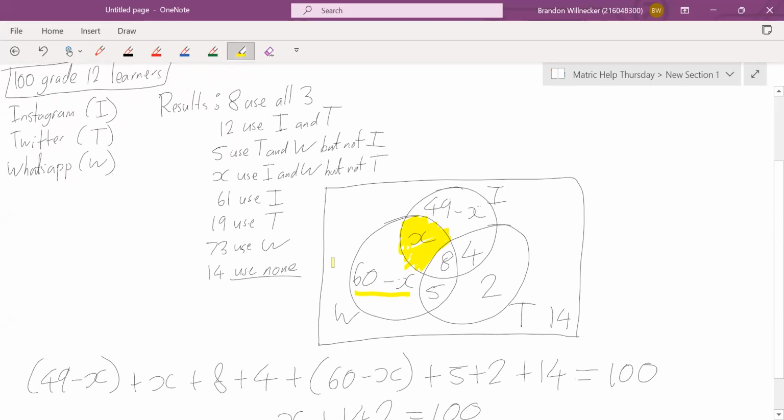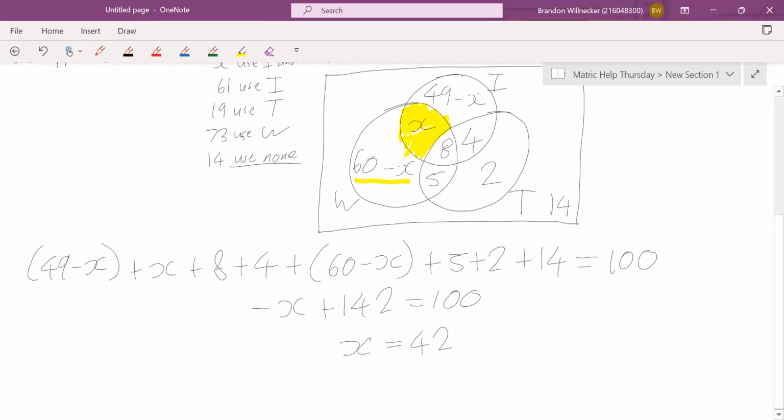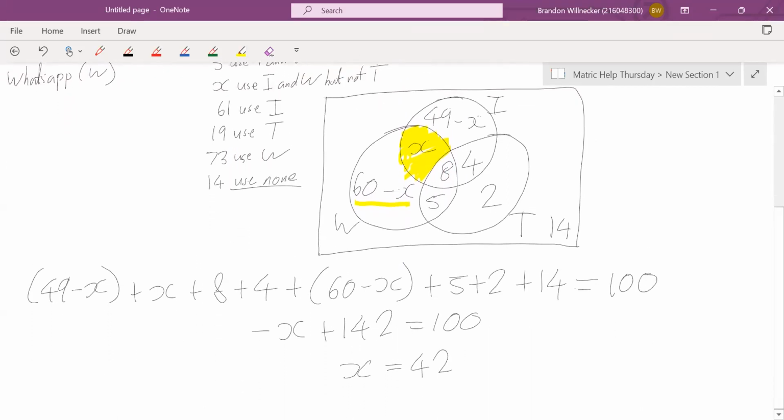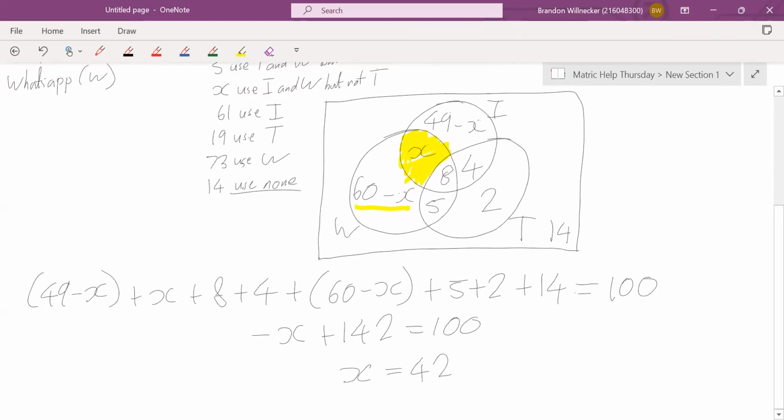So we take the total for WhatsApp, that was 73, and we take away what we currently have. So there's X, 8, and 5. We take those away, and that gives you the leftover. Oh, okay. Yeah.